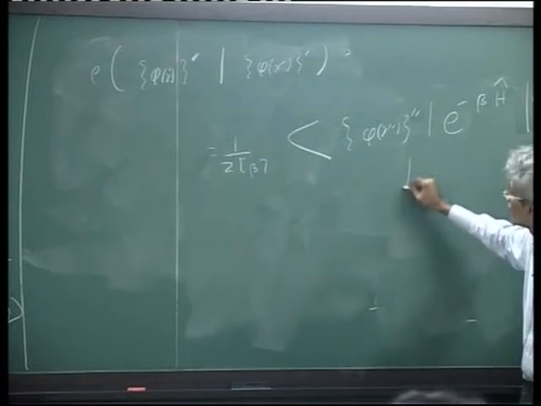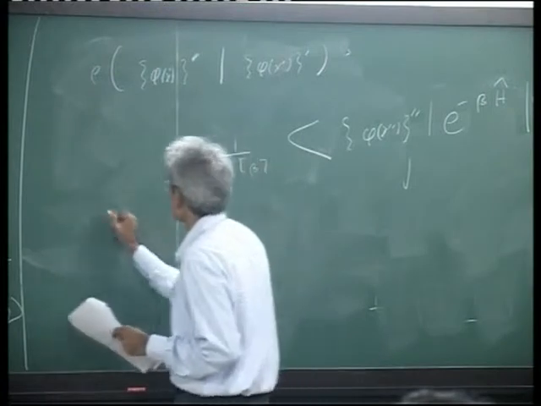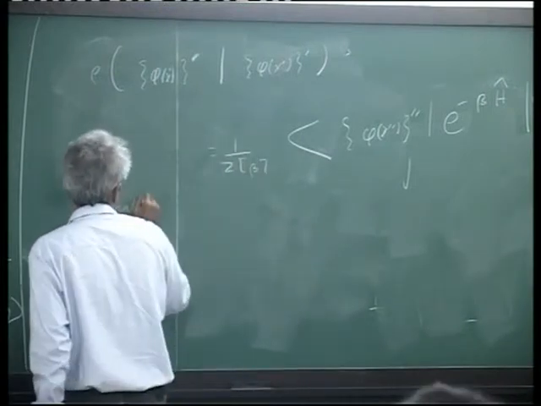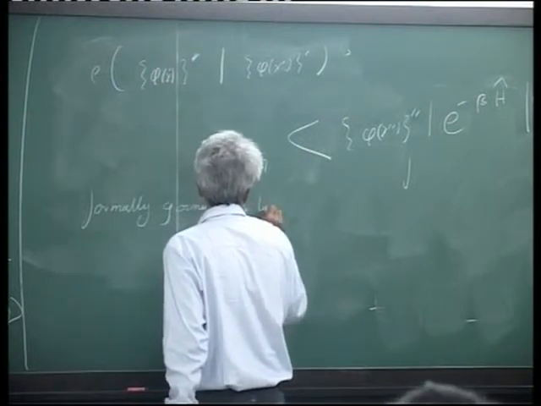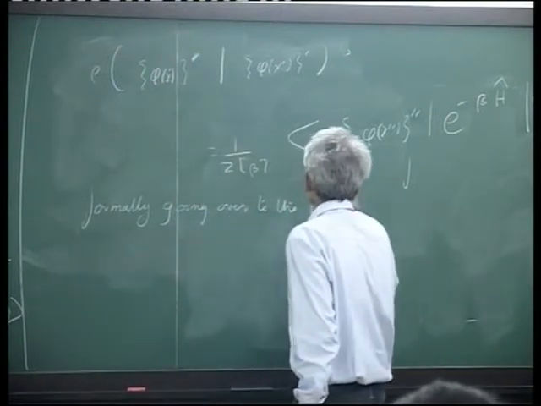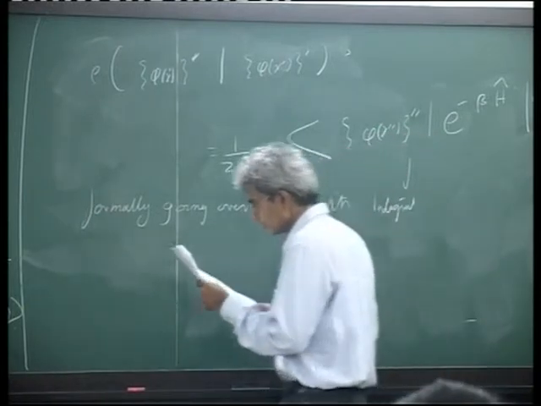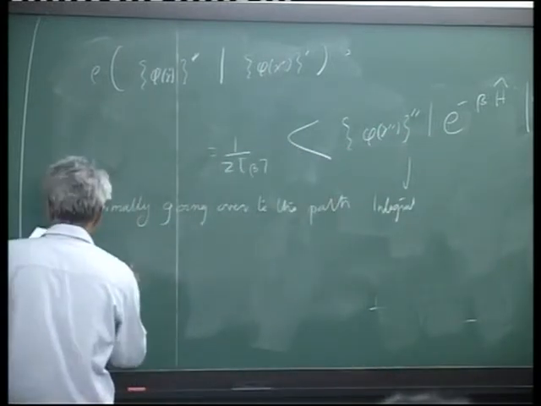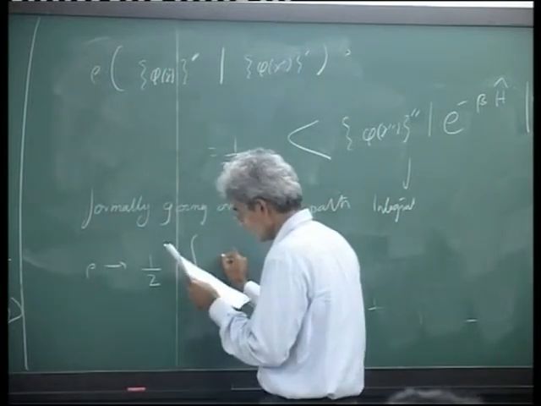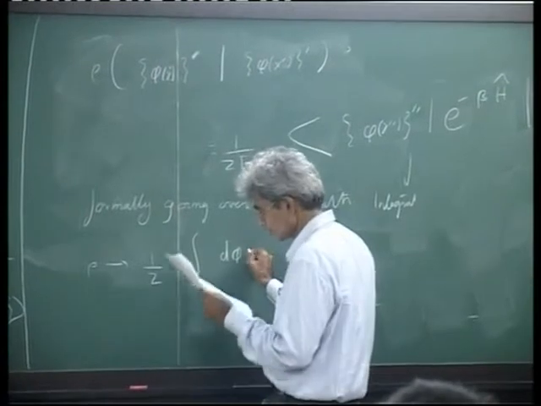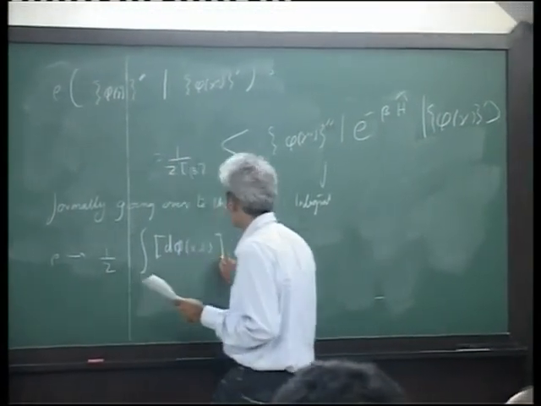And then if you remember how to translate these things to path integral, you will notice that, formally going over to the path integral, one has to compute the following. I hope you can sort of basically understand this. So there is a path integral over the spins. Let me just write it like that.